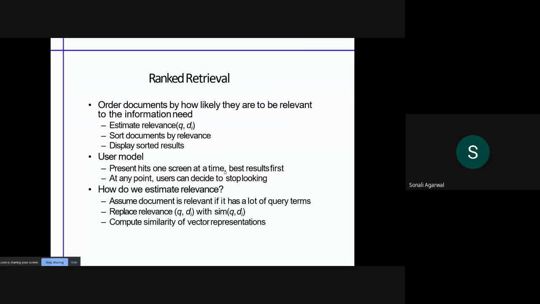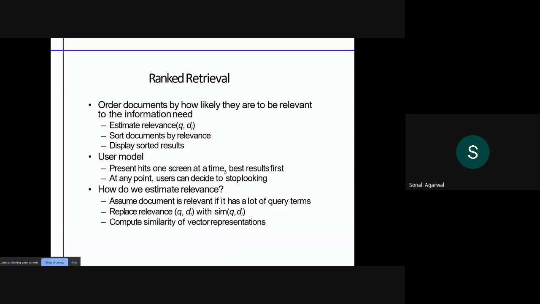The user expectation is to see the best results. Depending on the satisfaction level, maybe the first 10 or first 20, the user can assume that the best has already been explored, and it is easy to decide the stopping criteria for the search.